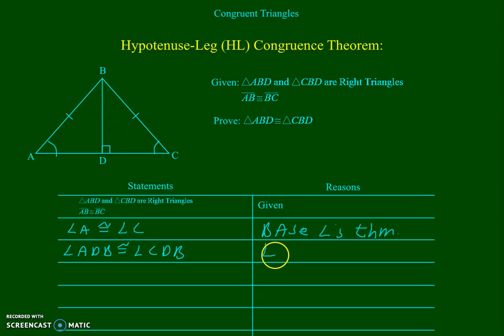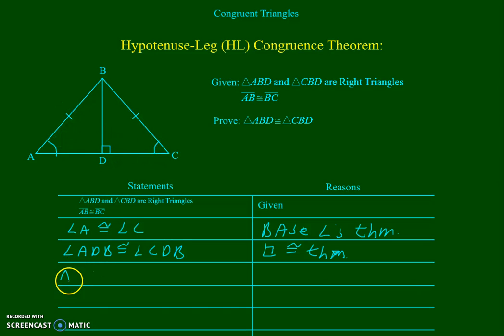and that is the right angle congruence theorem, which says all right angles are congruent. And so now we know that these two triangles are congruent by angle, angle, side.